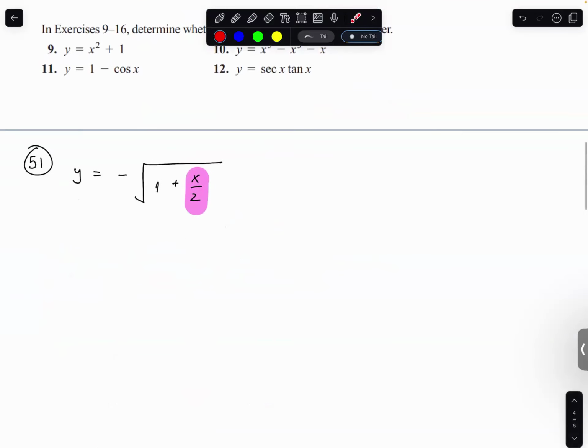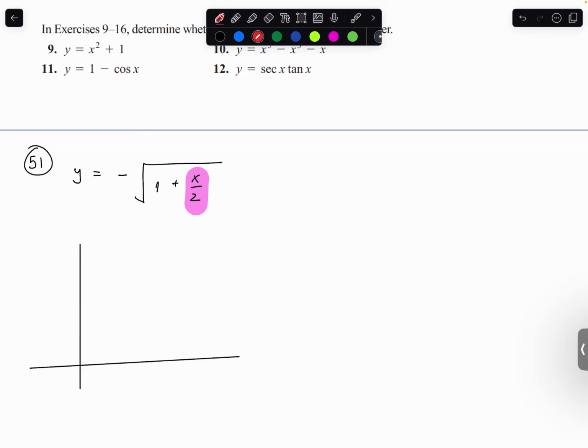So the graph of y equals square root of x divided by 2 is the same graph, only a little bit stretched down the x-axis. So we can plot it something like this. Let's say this is our coordinate system. Then we have something like this. Okay, one more try.